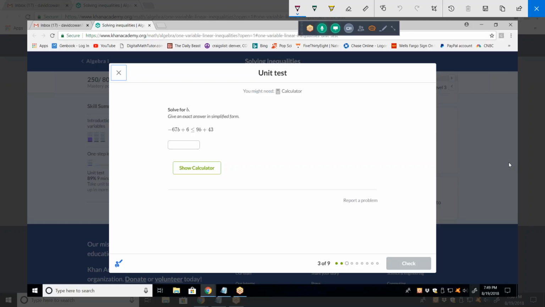So let's keep our B's on the left. What is the next line going to be? Negative 76B is less than or equal to 37.